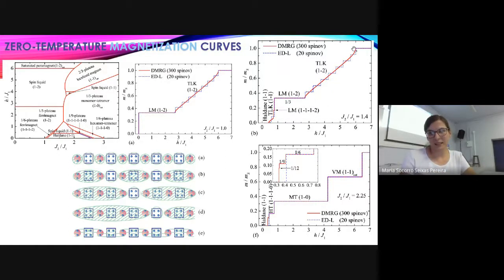Then there is another spin liquid and the fully polarized state. So as you can see, it is rich in phase transitions.